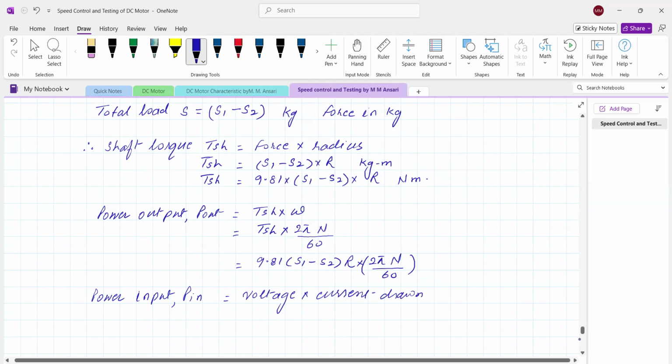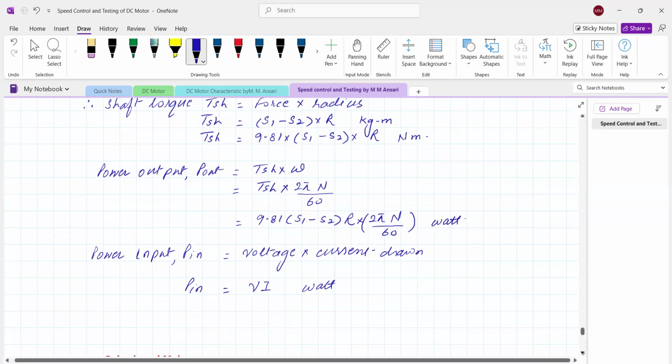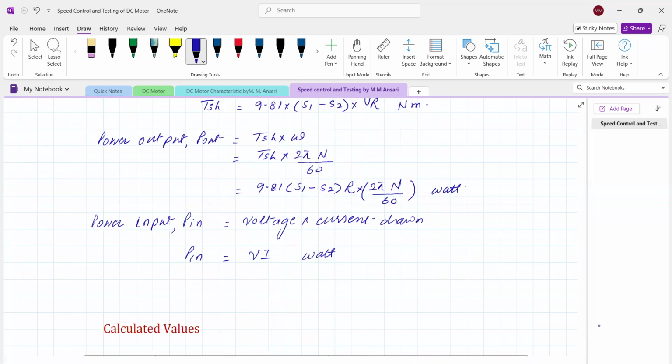So P in, the power input, is equal to V into I. It is in watt, and the output power is also in watt. So once we know the power input and power output, we can calculate the efficiency.